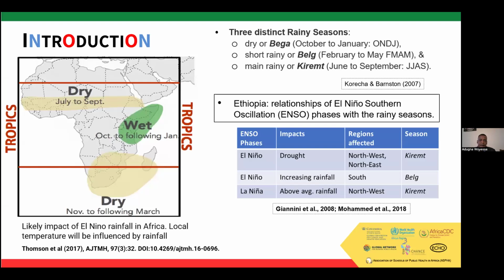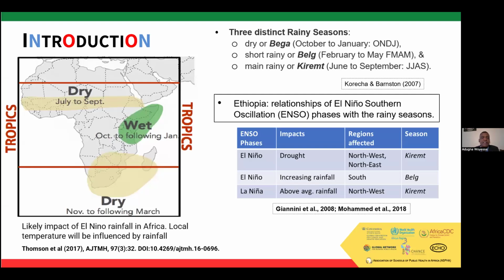That means El Nino and La Nina are affecting different parts of the continent in different ways. When we take the climate of Ethiopia, we have three main seasons related to rainfall.